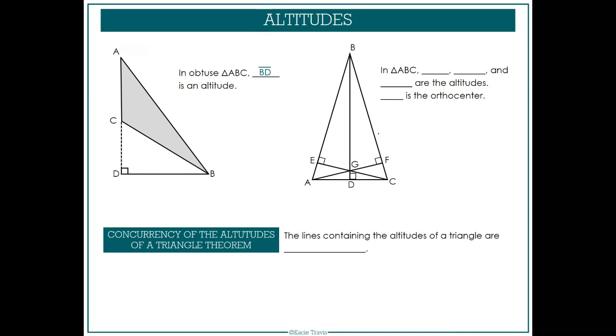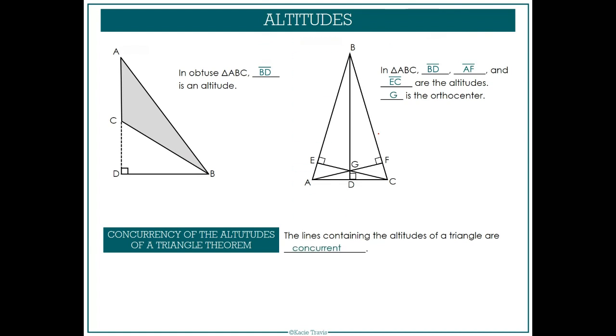Sometimes it is outside. So make sure you keep that in mind. Now, in the other picture here, we said in triangle ABC, BD, AF, and EC are the altitudes, and G is our orthocenter. So all three of those happen to be inside of the triangle.